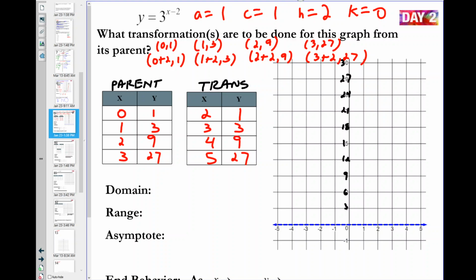So now let's plot our points. (2, 1) would be like here. (3, 3). (4, 9). And then (5, 27). Don't cross the asymptote.